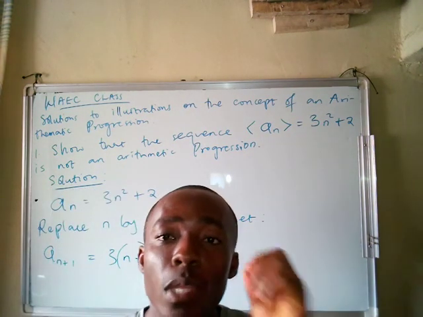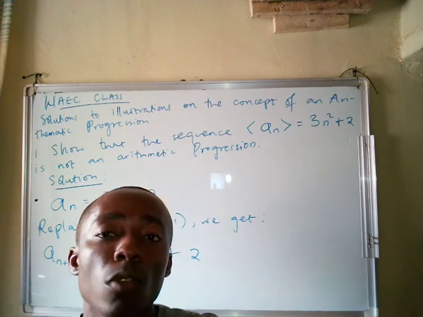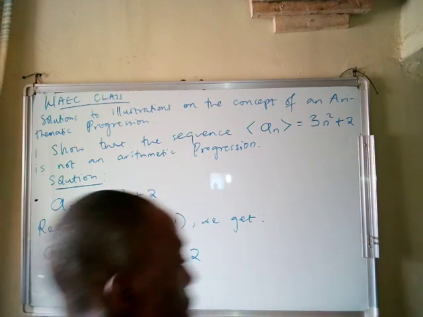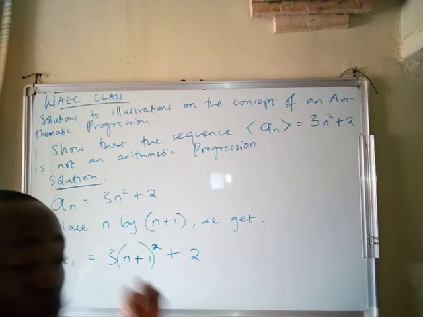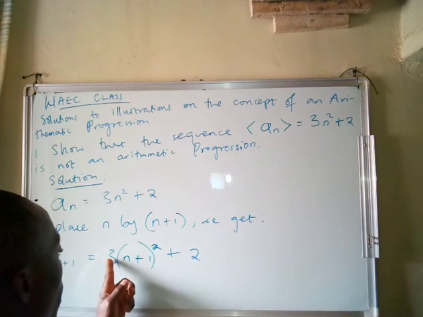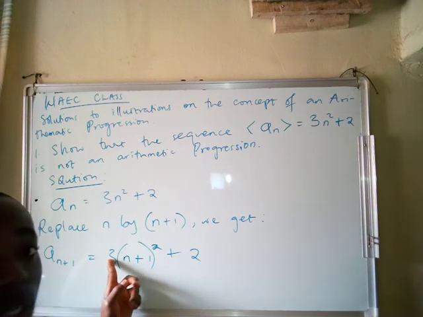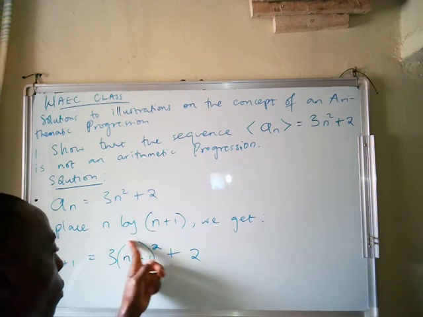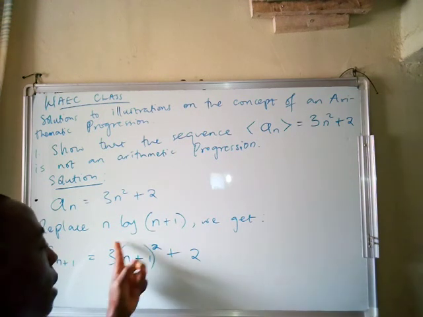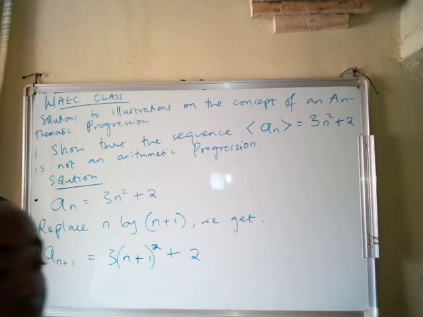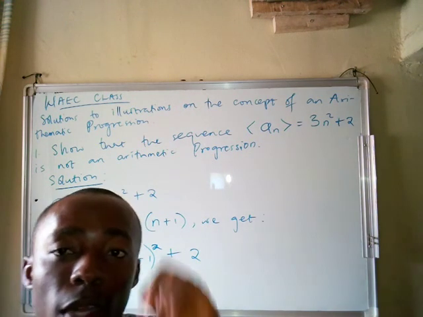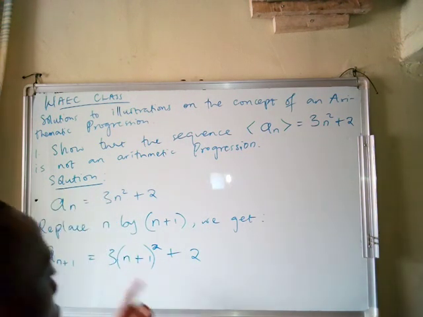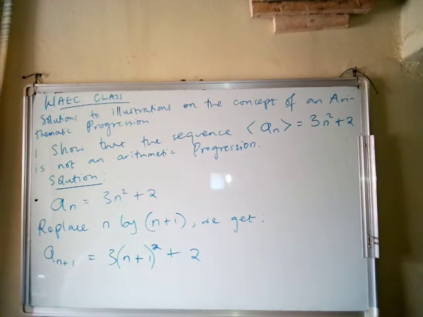If you are substituting with an unknown in any topic, in any subject, and you have maybe a coefficient attached to the unknown, or you have a power attached to the unknown, as long as that unknown you want to substitute with has something attached to it, you must introduce your bracket. You must introduce your bracket. I hope you are following.